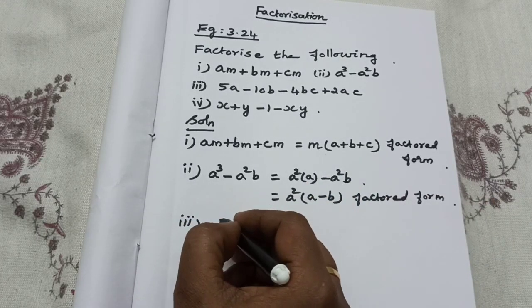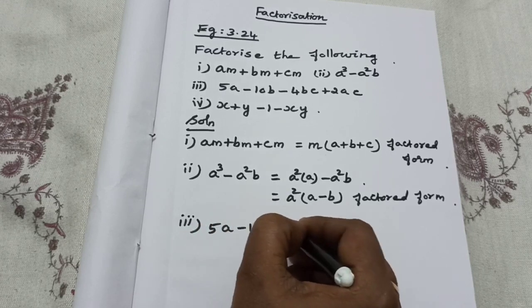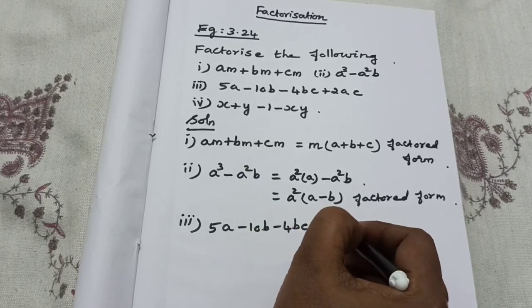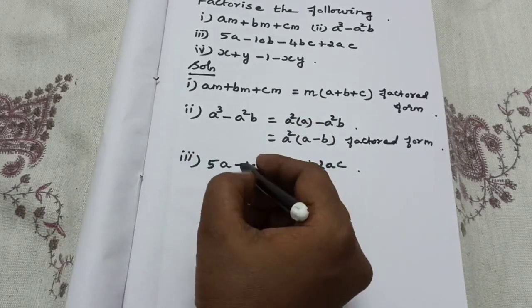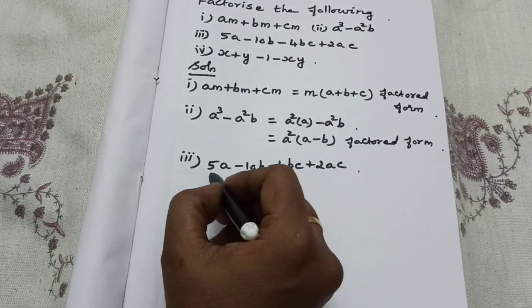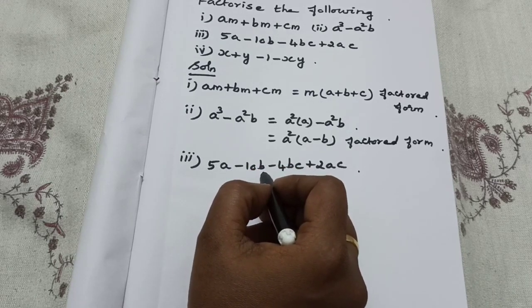Here the question is 5A minus 10B minus 4BC plus 2AC. This is the second model, the grouping form. First we take the first two terms, 5A minus 10B.